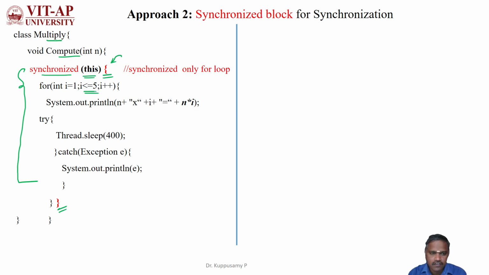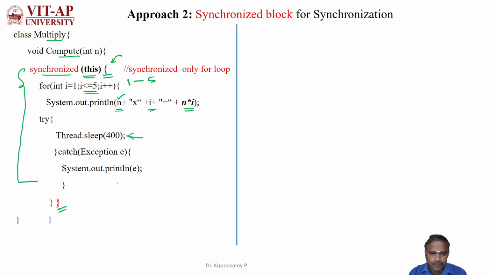So 5 lines of the multiplication table will be printed. The argument takes the table number and multiplies it from 1 to 5. The range is from 1 to 5. Then the multiplication value will be printed here. For each iteration, we are introducing a 400 millisecond delay for this printing.